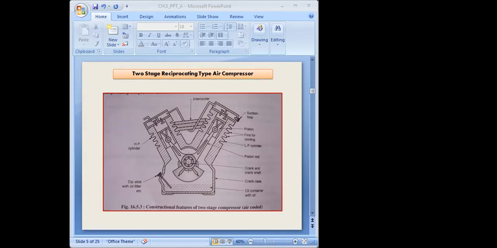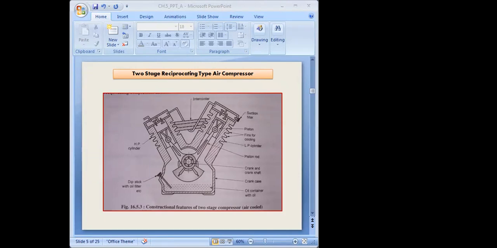So for example, suppose this first piston is at the intake or suction stroke, at that time the second piston will be at the delivery or exhaust stroke. Like that its arrangement is there.